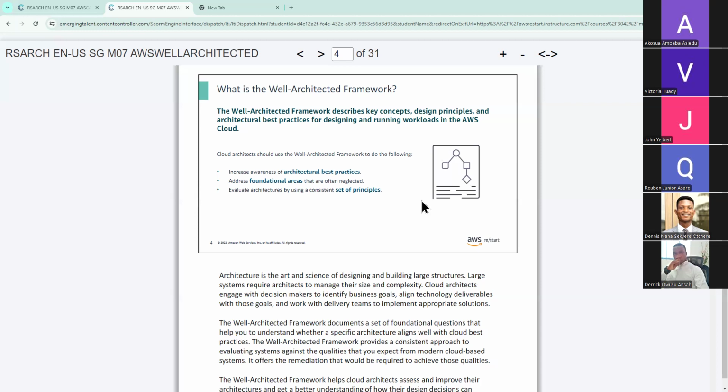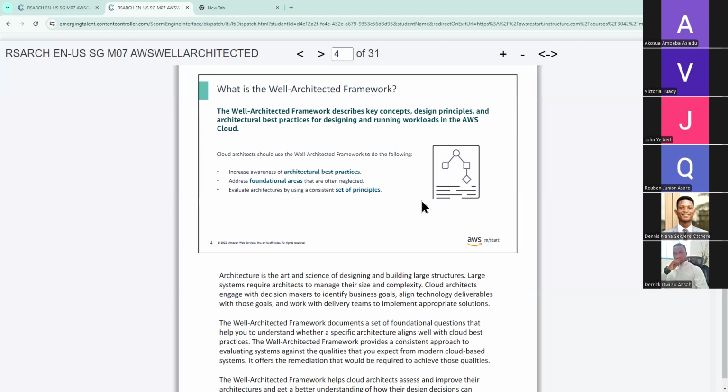So all the great solutions architects contributing to the documentation of the best practices, and also by using artificial intelligence to also monitor setups or environments that have been, let me say, successful. So that's where the architectural best practices come from.